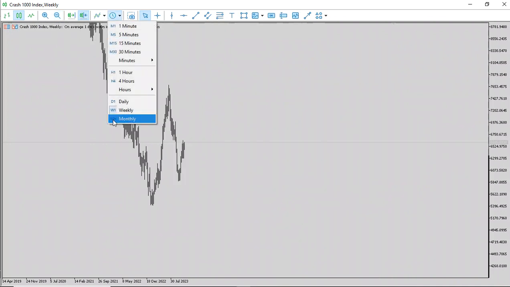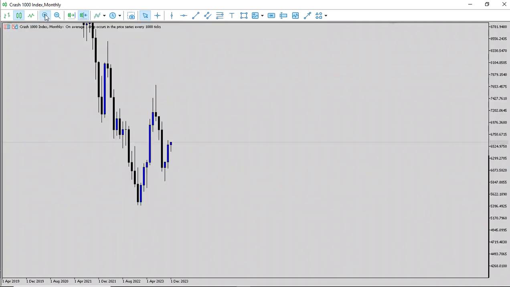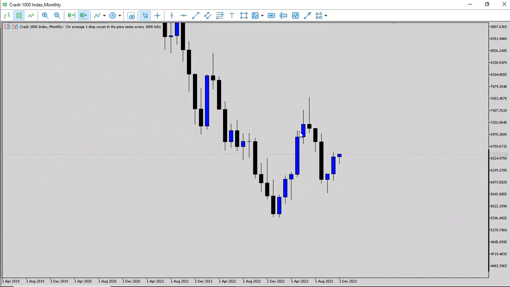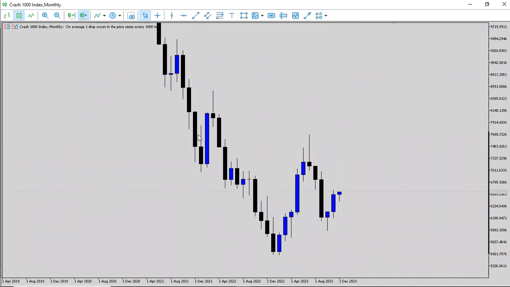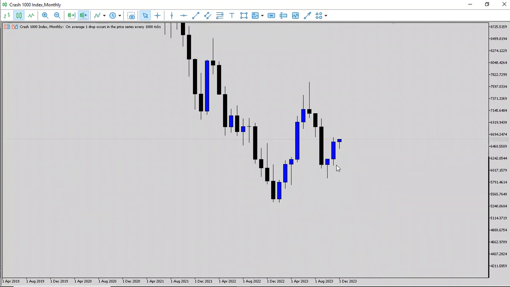Now let's go to our monthly time frame, and this is the monthly time frame right here on CRASH1000. So if we're trading lower, we have this low, we have this high, and we have this swing low. If you pay attention to these candlesticks, you can see previous months took out this month's low and have the swing low.